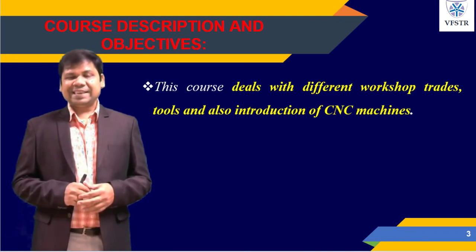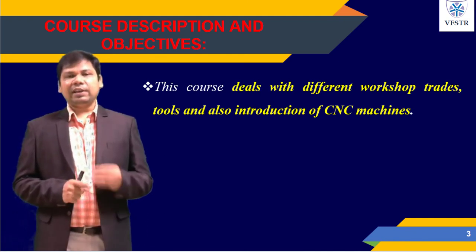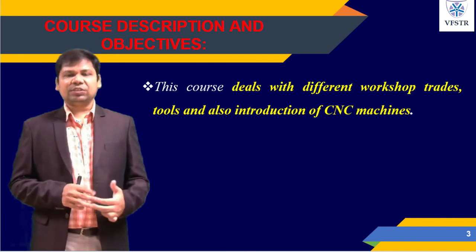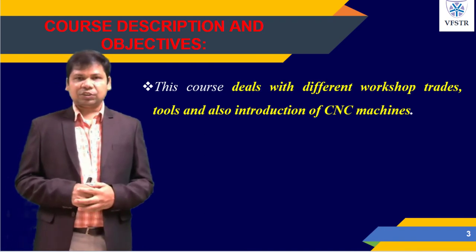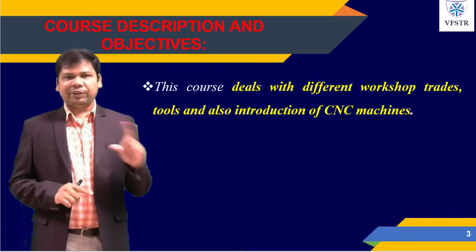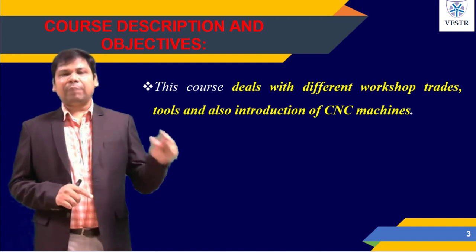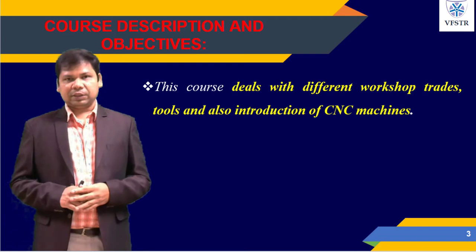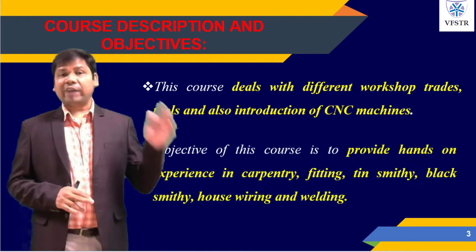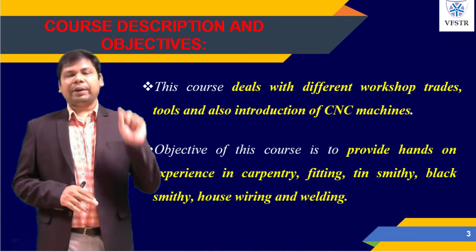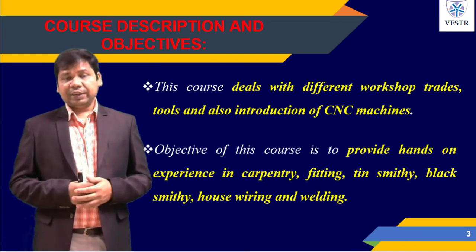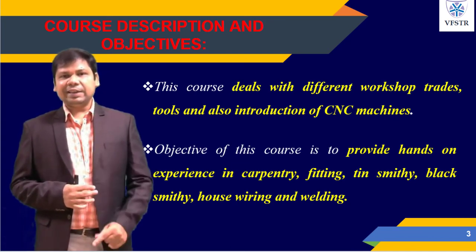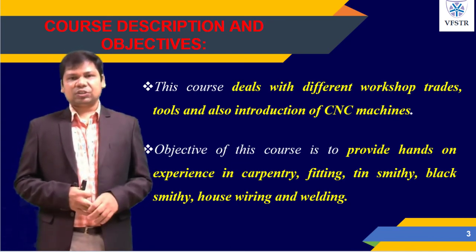Tinsmithy. Tinsmithy means we are dealing with metal sheets. There are two differences. Fitting, where we are dealing with metal plate. Metal plate means the thickness is much bigger, a minimum of 4 to 5 mm of thickness. In tinsmithy, we are dealing with metal sheets.